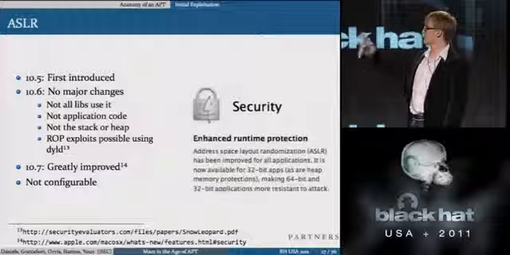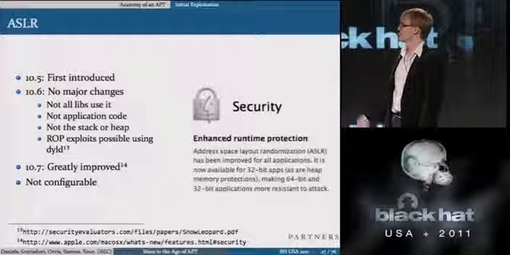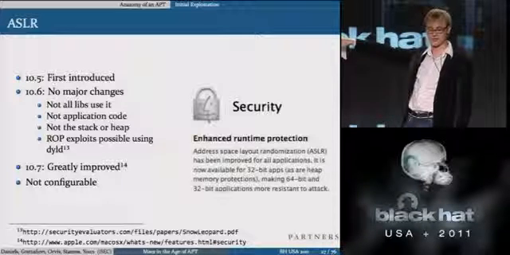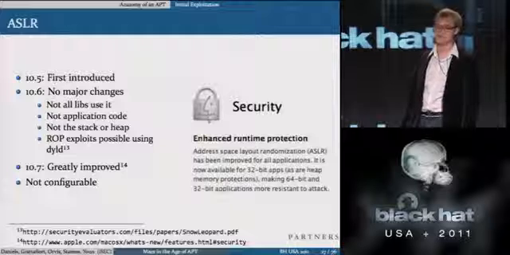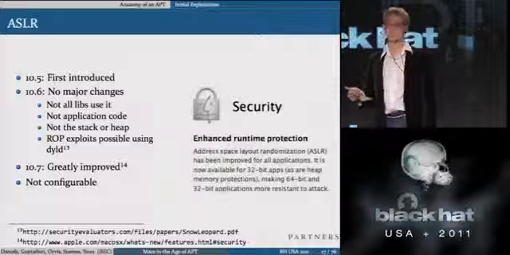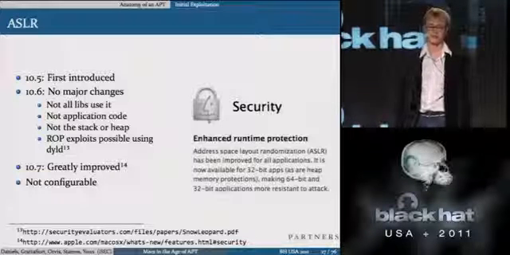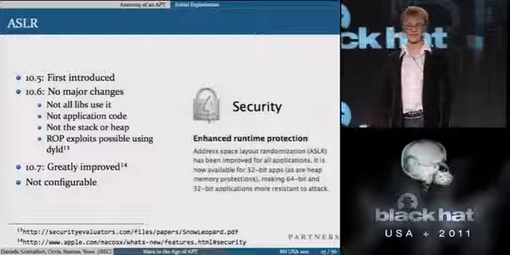Also, even through 10.6, Apple does not randomize everything. For example, dyld, the dynamic link loader, is not randomized. And Charlie Miller, in an update to the Mac Hacker's Handbook presentation he made, points out that there are return-oriented programming exploits that can be used with the dynamic linker.